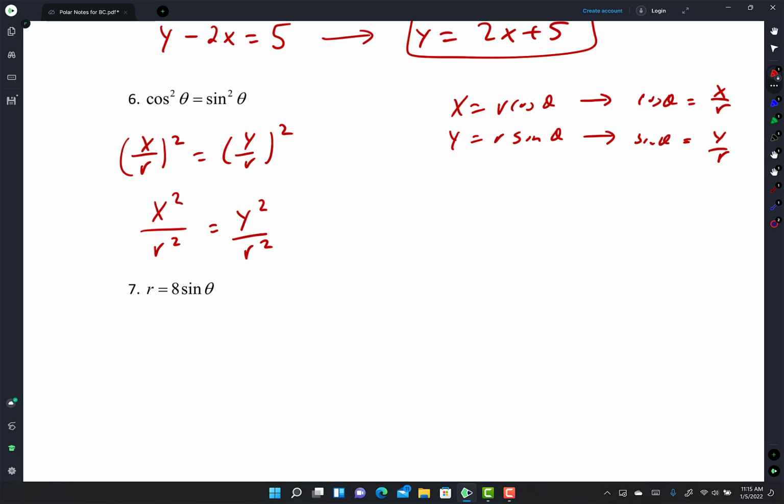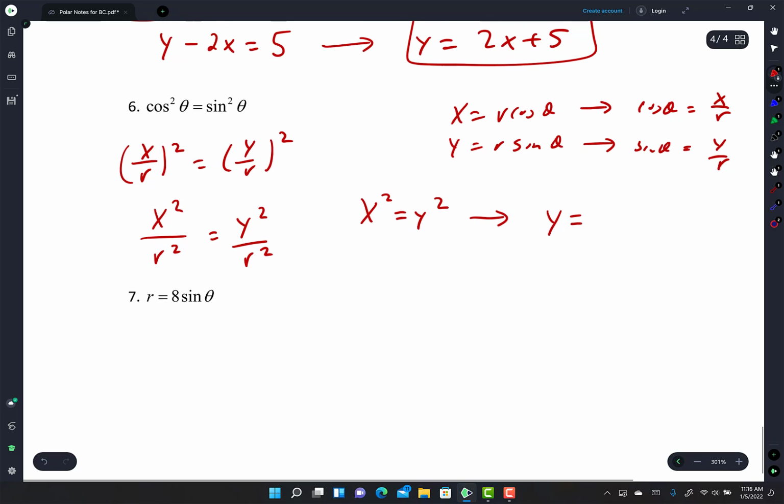Now you can cross multiply if you want, but I see the r squares canceling out. Plus you have r squared on the bottom, so what does that mean? x squared equals y squared. You can actually leave it like that if you wanted to. If you want to solve for y, you could say y equals, but you better say what in the front. I can't say y equals x. That's wrong.